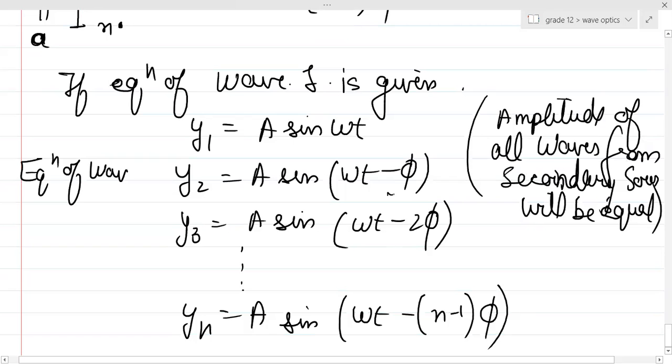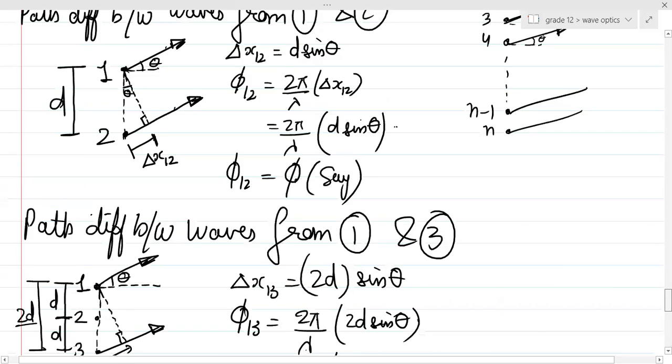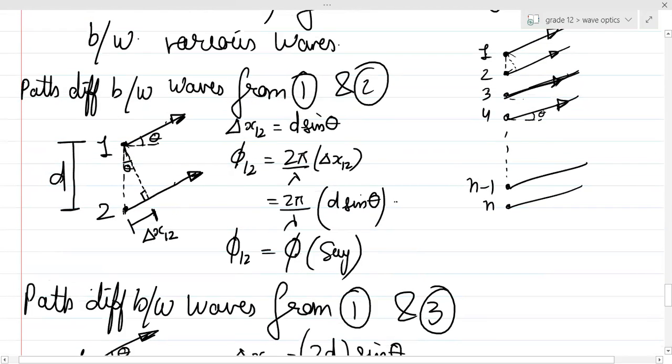Guys, can you see there is a minus phase difference? Why is there a minus? Can you see, guys, the wave from 2 will reach point P later, right? Because it is traveling a greater distance, the speed is the same, so it will reach later, or basically it will lag behind by a phase difference of this much, right?